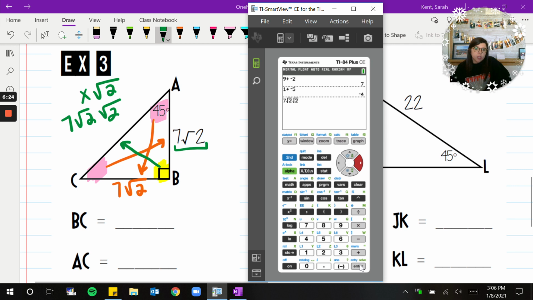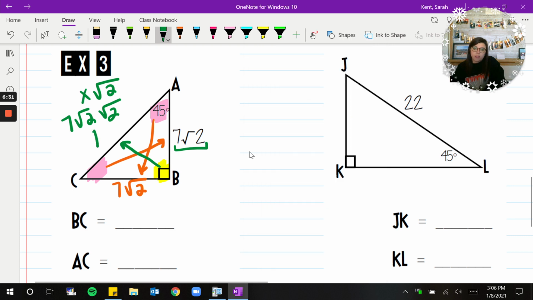When we press enter, we'll get that that equals 14. So here I want this final side length to be 14. Again, that x is the whole 7 square root of 2. So our final answer for this side length is this 14.